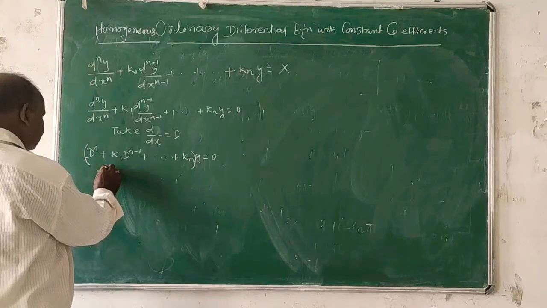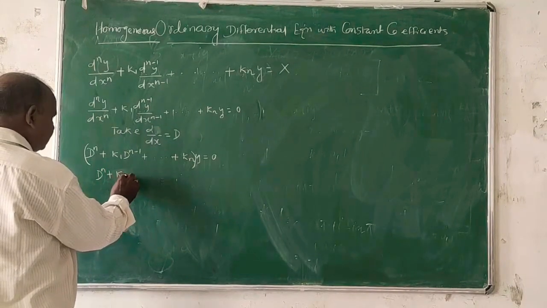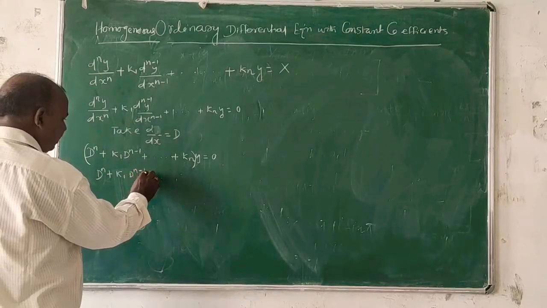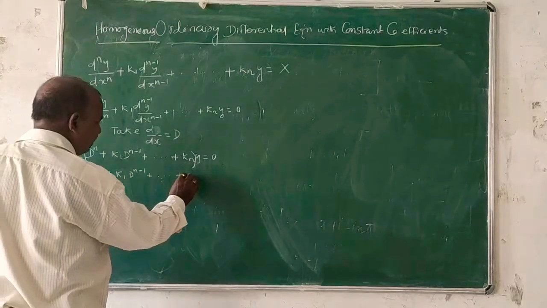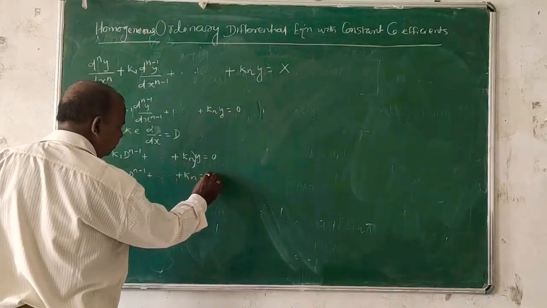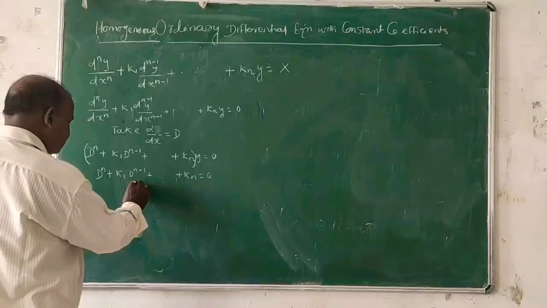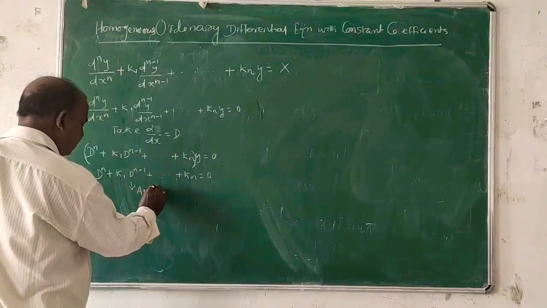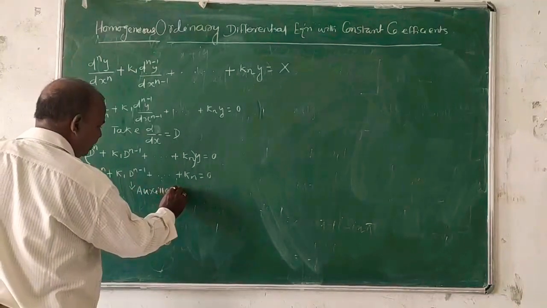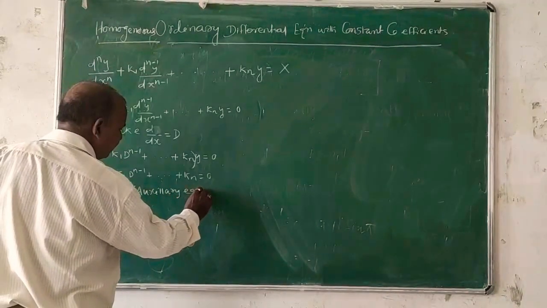So you take D^n + k1 D^(n-1) + ... + kn = 0. This is called the auxiliary equation.